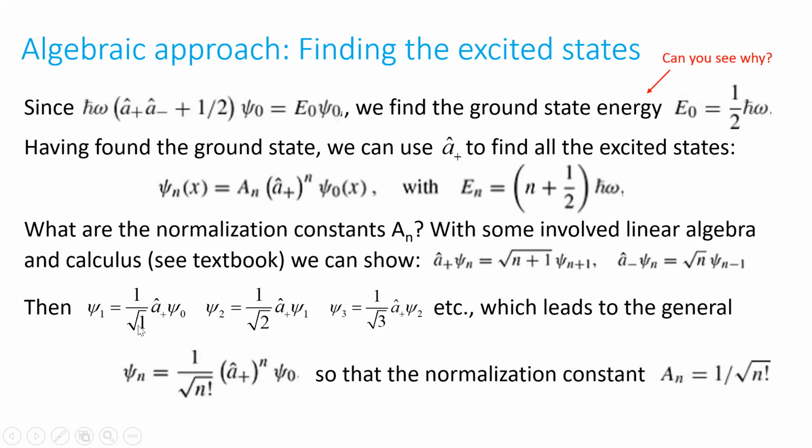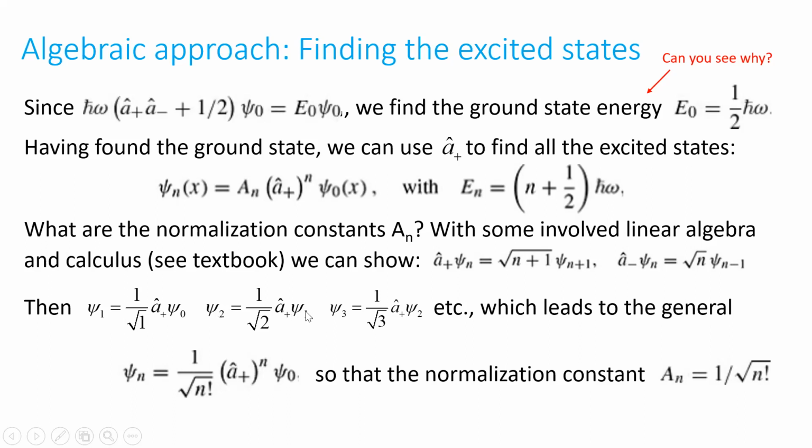So in general, each time we apply the raising operator, we get a factor of the square root of 1 first, square root of 2 second, square root of 3, square root of 4, etc. If we started with psi 0 and applied a plus 3 times, we would first get the square root of 1, giving psi 1.